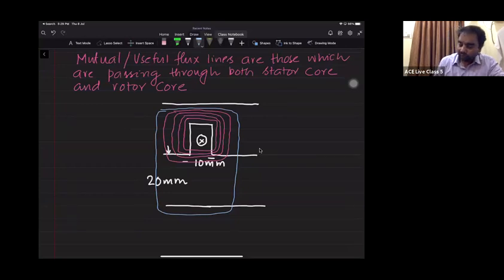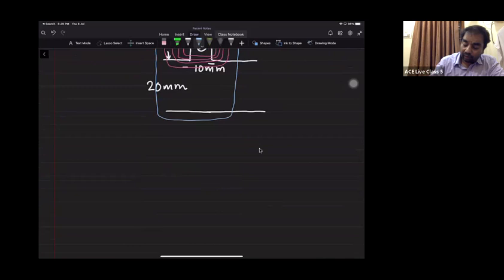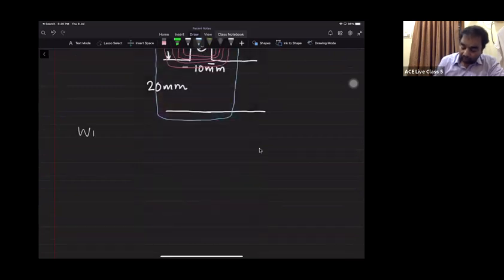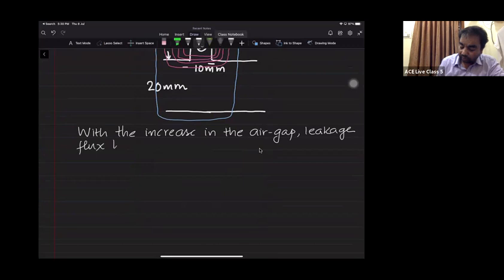Please. So can I say with the increase in the air gap, leakages increase, leakage flux lines increase.